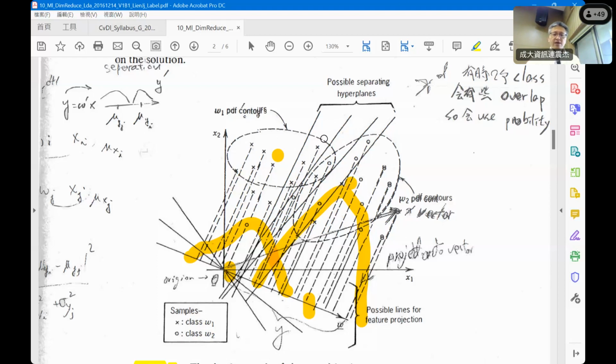You want to find a line or a plane to separate both distributions. That means the mean 1 and mean 2 should be as far away as possible. 你的目的是要找到这个 mean 以后，你要让 mean 1跟 mean 2分得越开越好。Okay, and then you want the standard deviation or variance as small as possible.